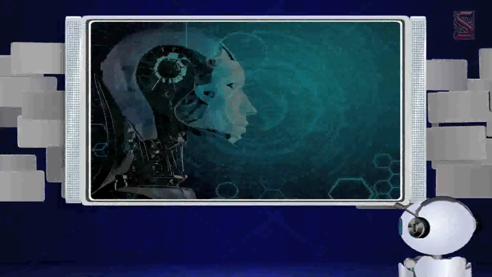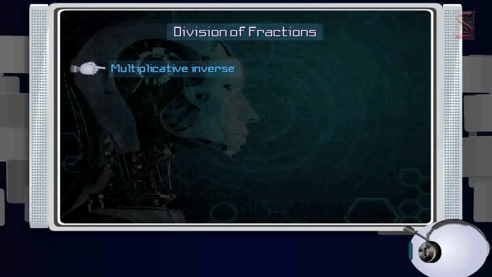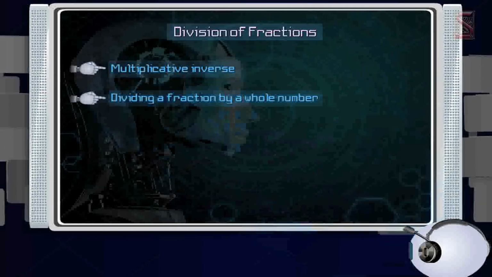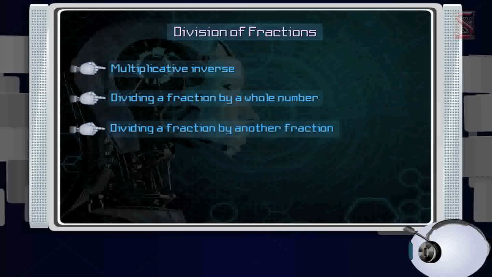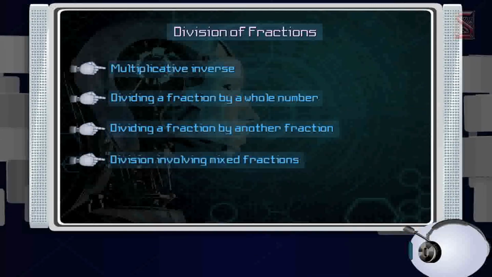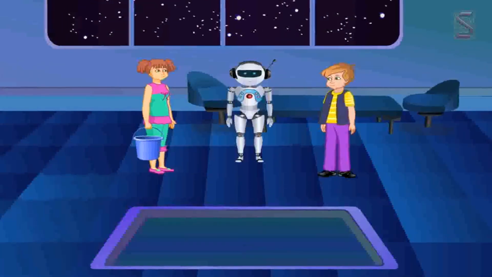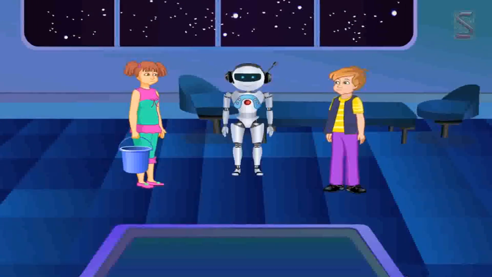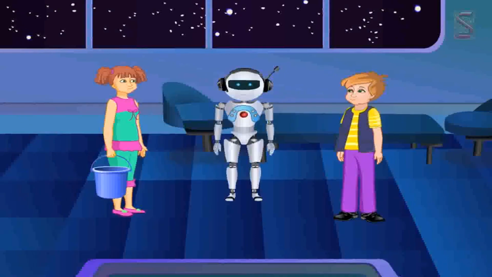In this session, we learnt about multiplicative inverse, dividing a fraction by a whole number, dividing a fraction by another fraction, division involving mixed fractions. Now that you have learnt about division of fractions, let us calculate how many buckets are required to fill the tub.